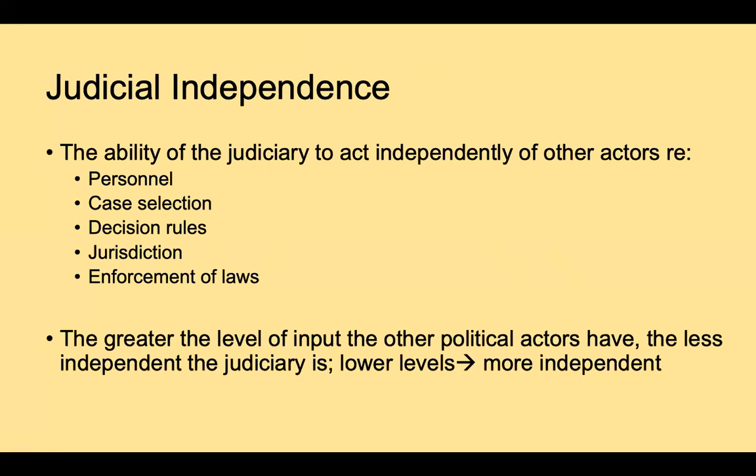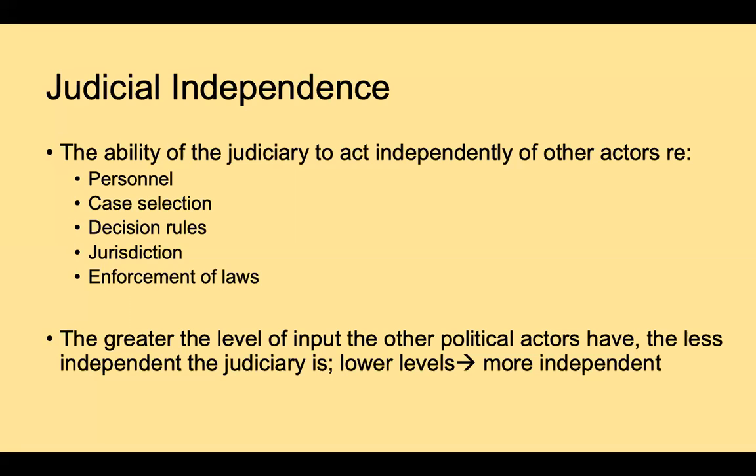You'll remember that when we talked about the legislature, we conceived of the strength of the legislature in terms of institutional capacity, the power of the legislature to make its own decisions about its organization, control of its resources, etc. We think about judicial independence in a very, very similar way.